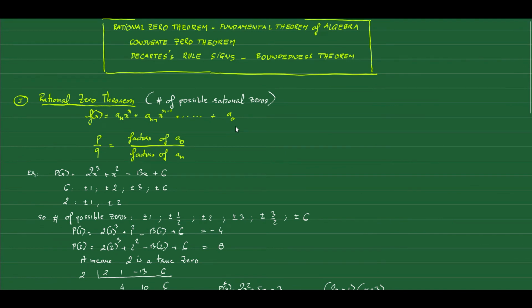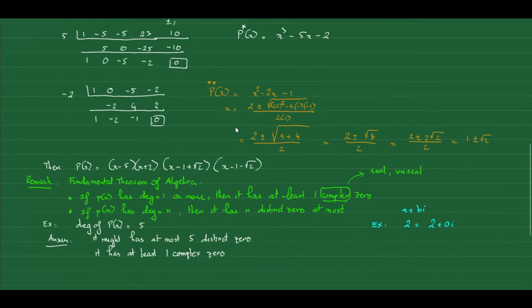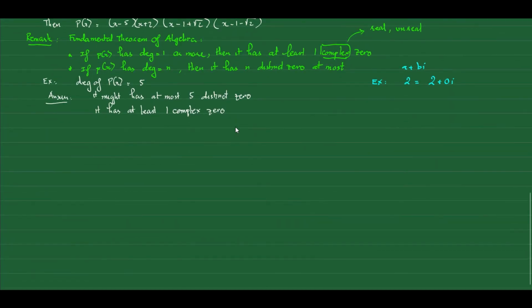Now, in the previous video, I also mentioned that in one of the examples we had a complex, unreal zero, the one with i as the zero.